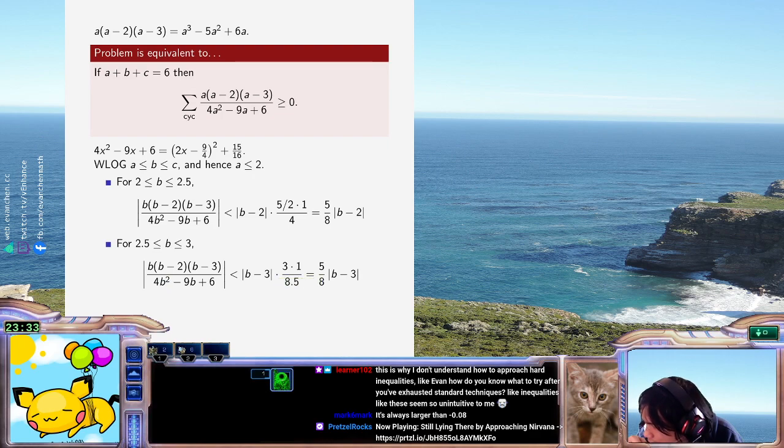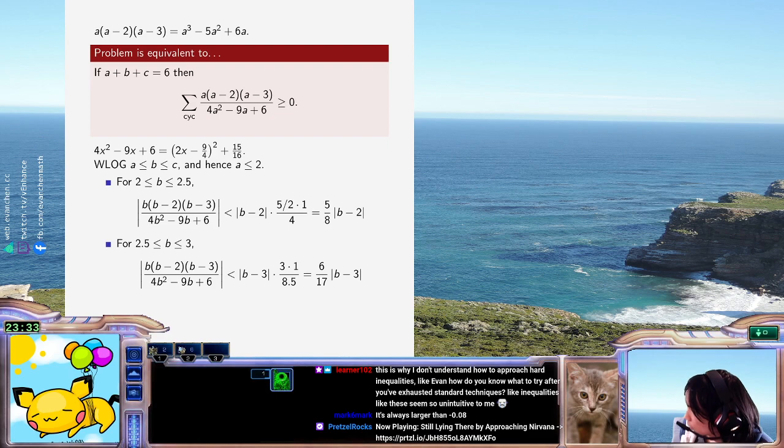Here it's like 16, 2, 4, 3, 1, 3. So this is 6 over 17. This bound is about 0.6, this bound is about 0.3, so there is an effective constant of 5/8. That's fine.